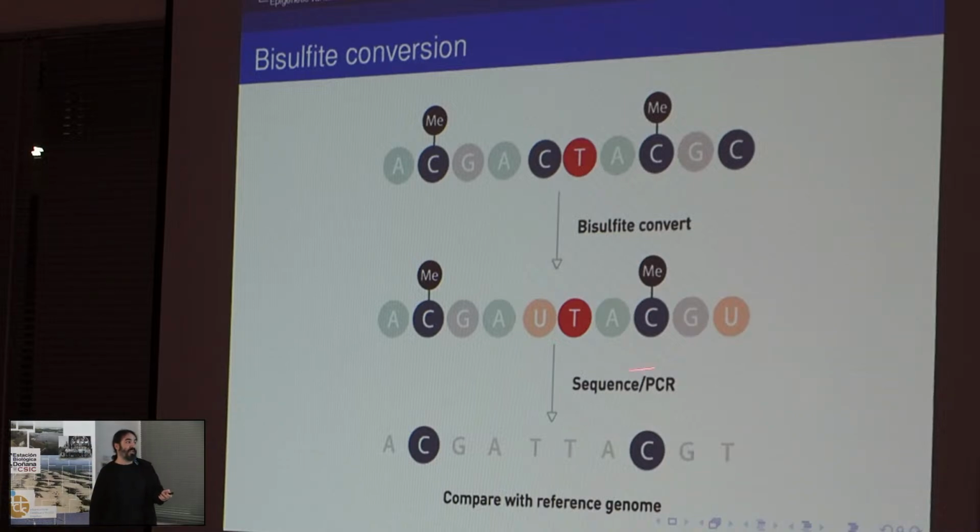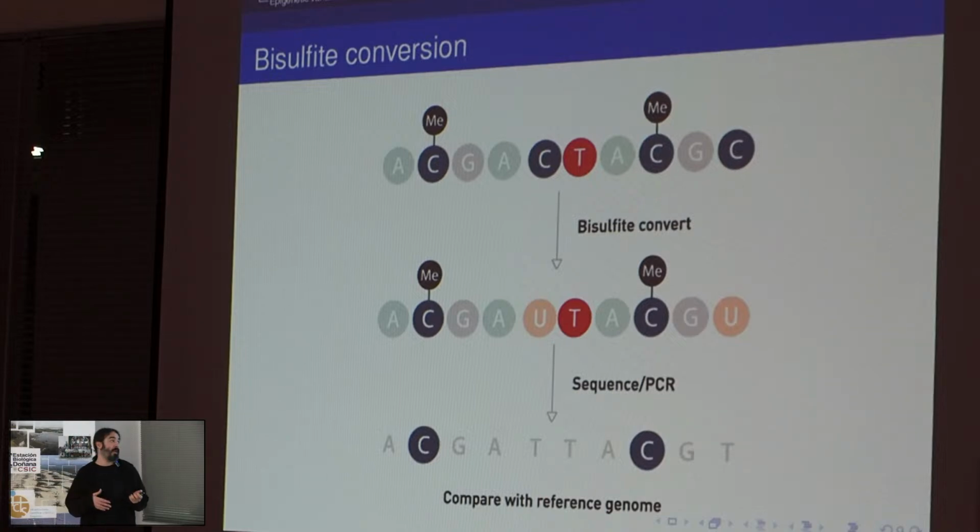After several cycles of PCR, since this is DNA, uracil is turned into thymine. So eventually, if I have a reference, I can align the reads treated with bisulfite to the reference genome, and if I have a match with the C, that's because it's a methylated cytosine. And if I got a T where a C should be, that's an unmethylated position.